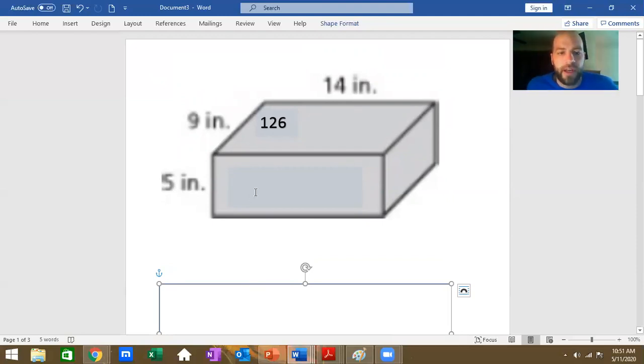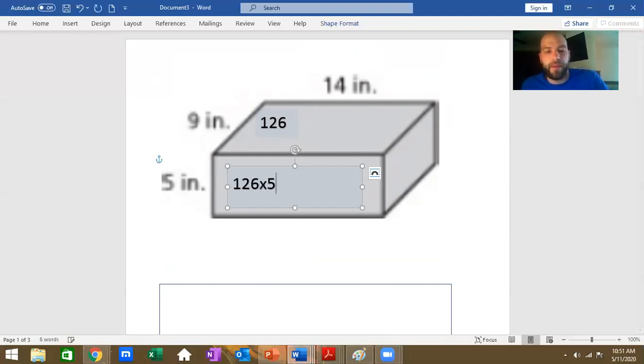So we are going to take 126, and we're going to multiply it by 5. Same thing. Some of you guys need to use lattice method for this. Some of you are just going to put 126 and multiply it by 5. 5 has a little trick that I kind of like to do, which is taking half of multiplying it by 10. So multiplying this by 10 is 1,260.